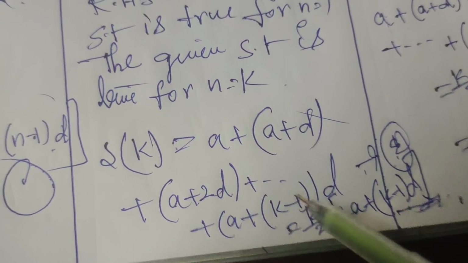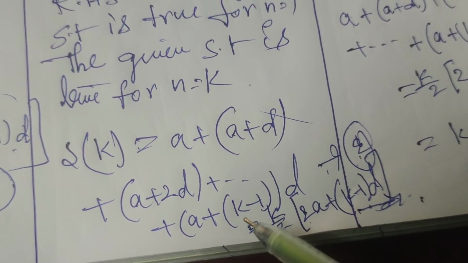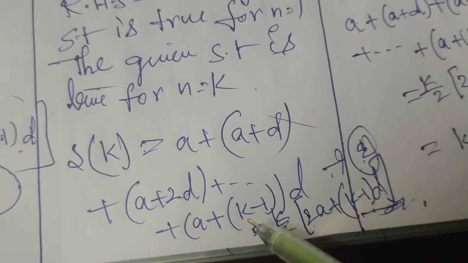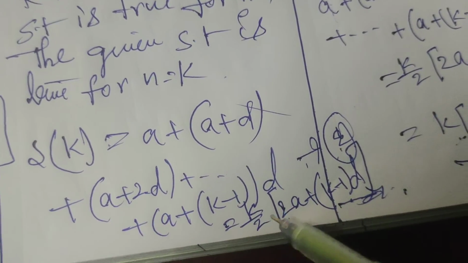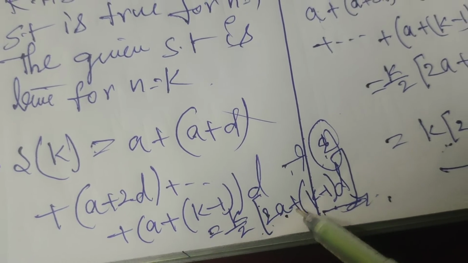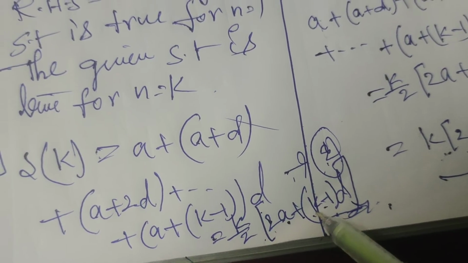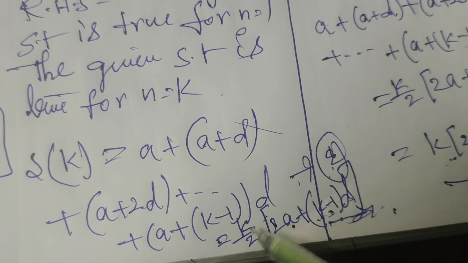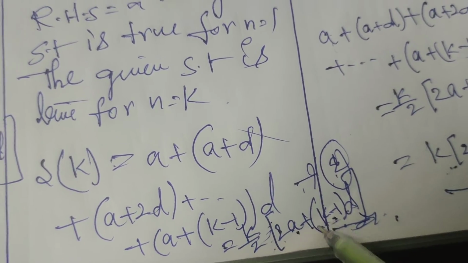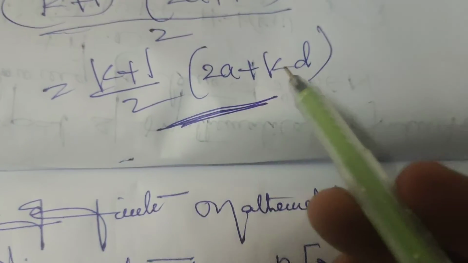So in this statement, in place of n put k plus 1. We get k plus 1 by 2, 2a plus k plus 1 minus 1, where the plus 1 and minus 1 cancel, therefore kd. Therefore k plus 1 by 2 into 2a plus kd.